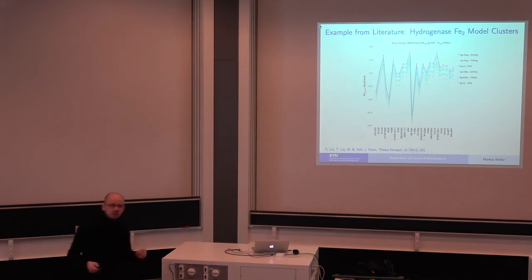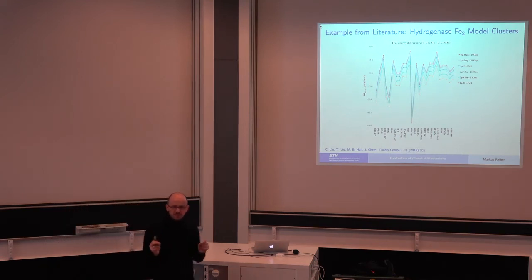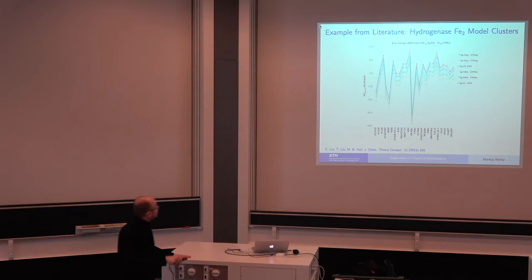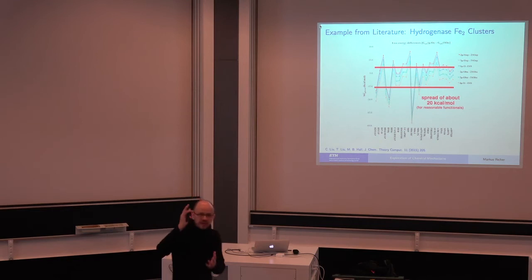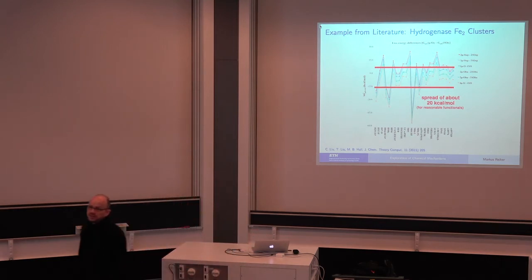Even, and that's important, if you look at systems which are similar, say one complex at different stages during a reaction, and this example here is hydrogenase model clusters with 2 iron centers, you get a spread of, say, 20 kcal per mole. When you look at the figure, you think the spread is even larger, but there are a couple of unreasonable functionals nobody would use, like this M06-HF. But if you pick the reasonable functionals, you still have a spread of 20 kcal per mole.